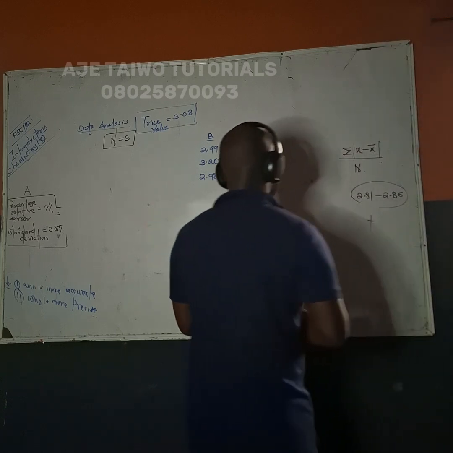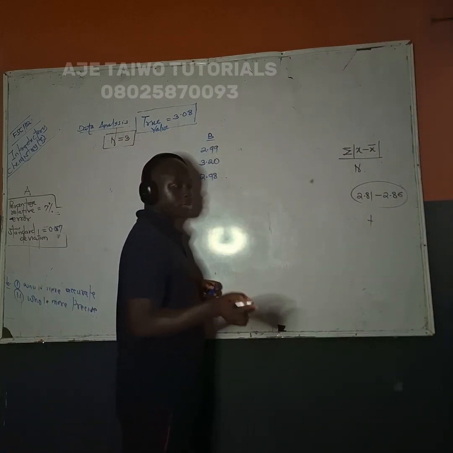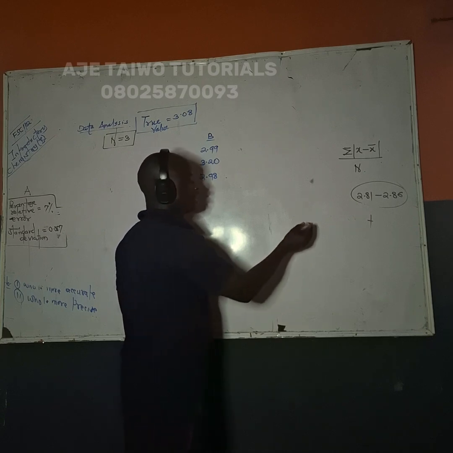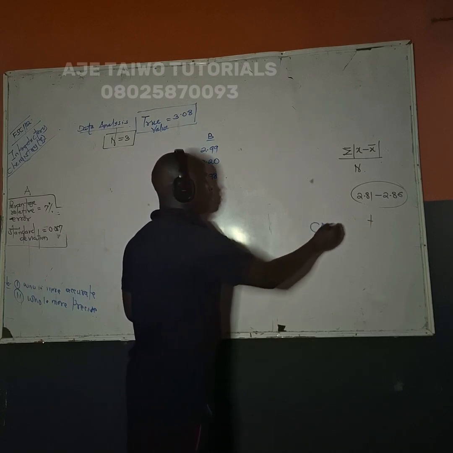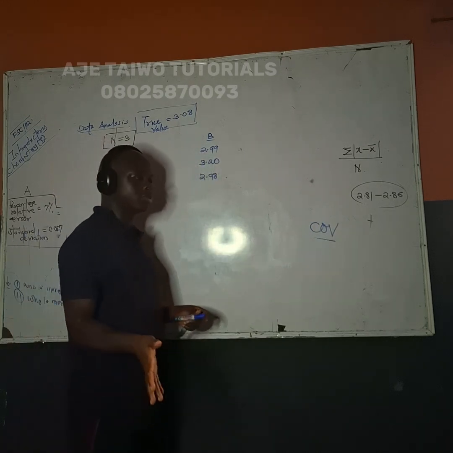One of the best, in fact the best, measure of dispersion is the coefficient of variation, at least to your level.